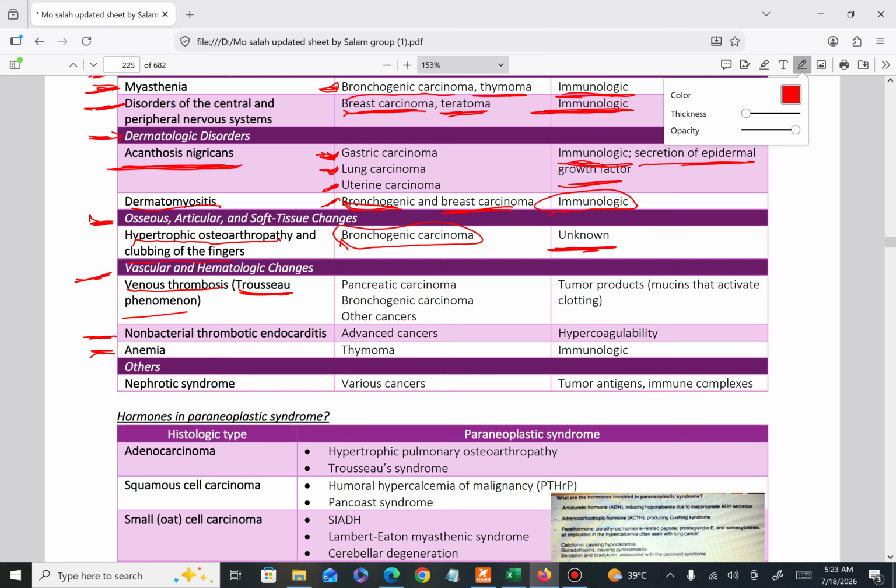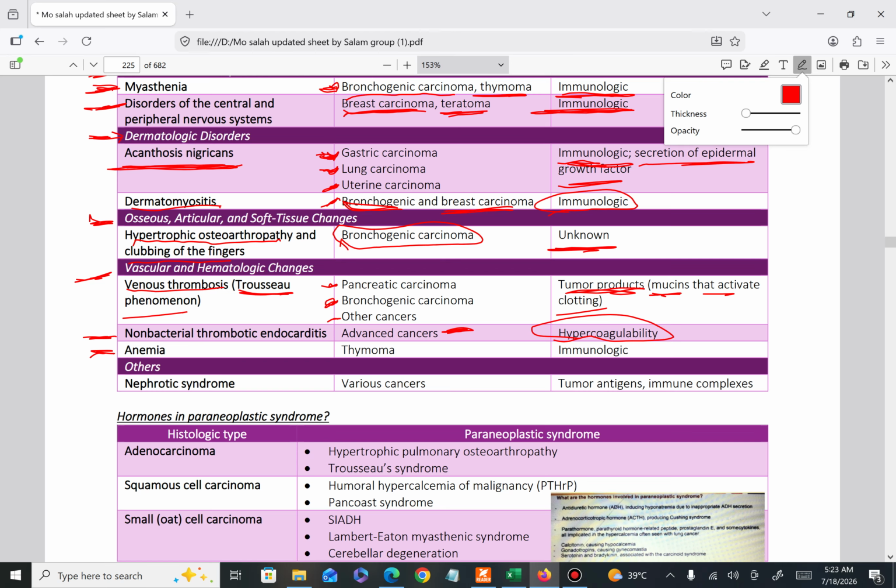Venous thrombosis or Trousseau phenomenon is associated with pancreatic carcinoma, bronchogenic, and other cancers, and the agents involved are tumor products, mucins, that activate clotting. Non-bacterial thrombotic endocarditis is associated with advanced cancers, and the mechanism is hypercoagulability.